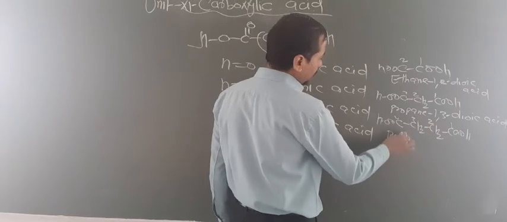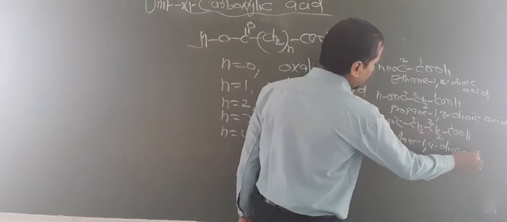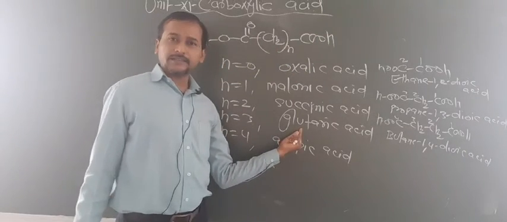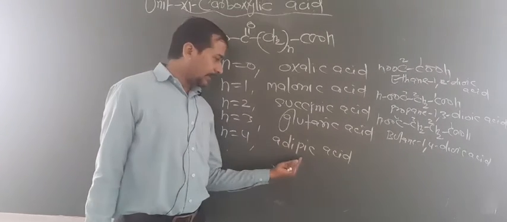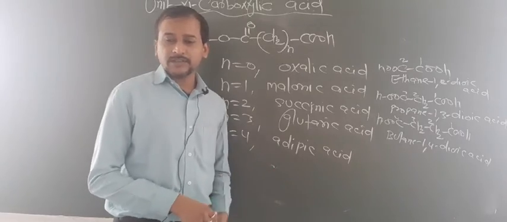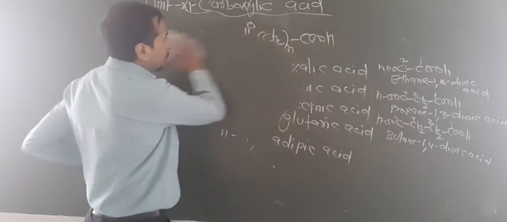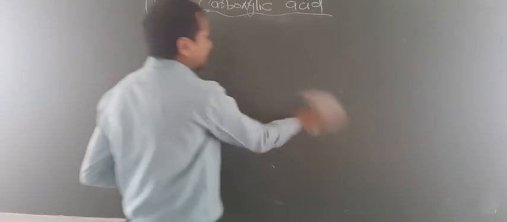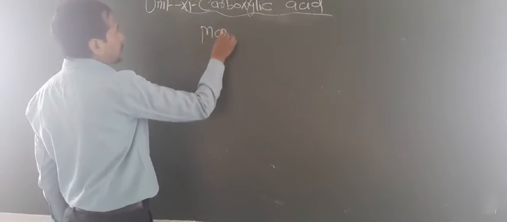So now this is known as butane-1,4-dioic acid. Are you getting this point? Similarly, for glutaric acid, it will be pentane-1,5-dioic acid. For adipic acid, it will be hexane-1,6-dioic acid. Similarly, you can write the names of dicarboxylic acids like this. So now let us focus on the monocarboxylic acids.